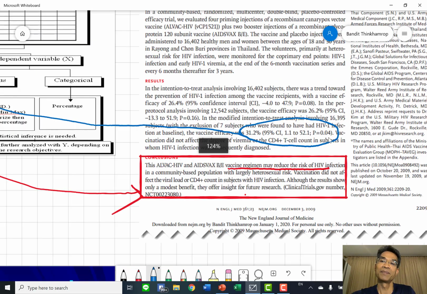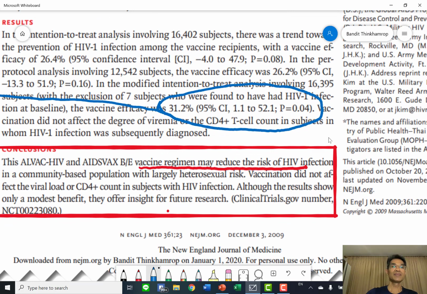Okay. The vaccine efficacy was 31.2%. That means about 1/3 being prevented by this vaccine. So this is what was found in the study sample of 16,000, or 8,000 per group, the group being vaccinated and the placebo group.